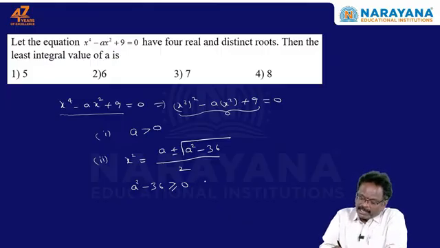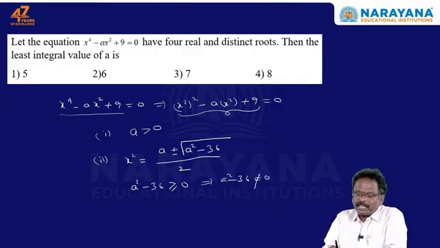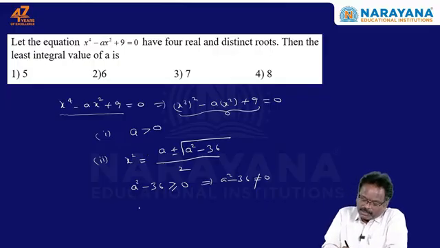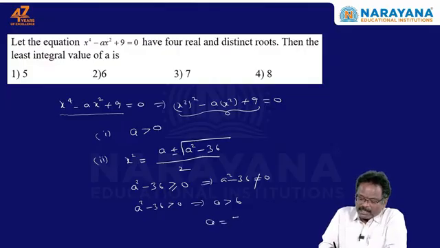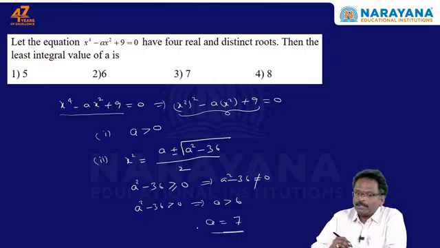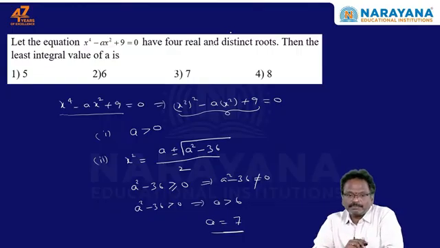But don't take a square minus 36 equal to 0, since if a square equals 36, then x square will be a by 2, so we get 2 real roots only, not 4. That's why, to get the 4 real roots, a square minus 36 must be greater than 0. So a should be greater than 6, which means the least value of a will be 7. So the correct answer is 7.